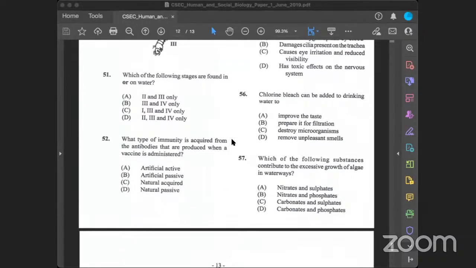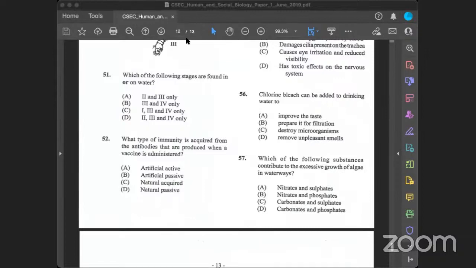And then this one here, I'll beat people in the class for this one. So read this one here. We had lots of discussions about immunity. So let's read this one and then you will tell me your answer in the chat. What type of immunity is acquired from the antibodies that are produced when a vaccine is administered?